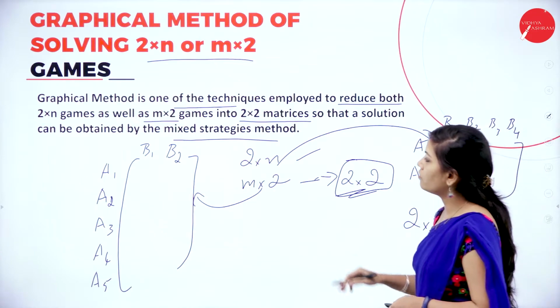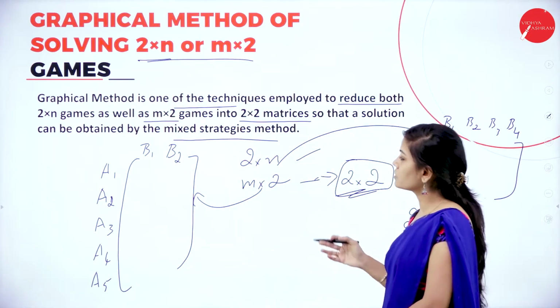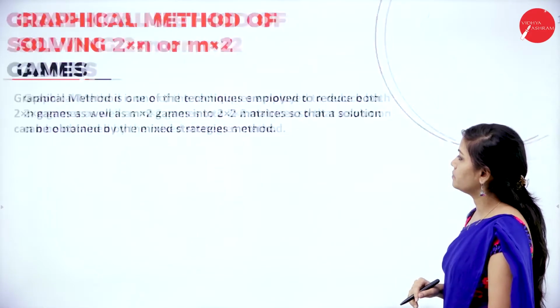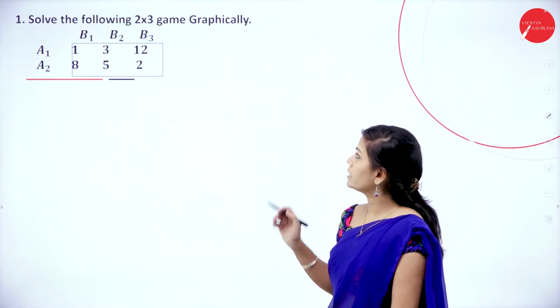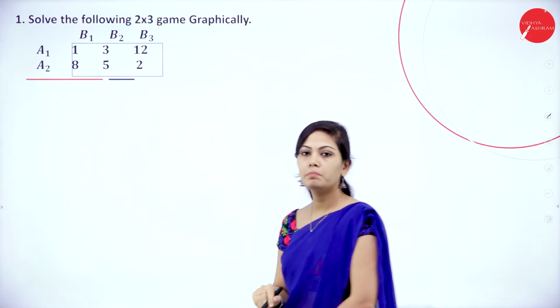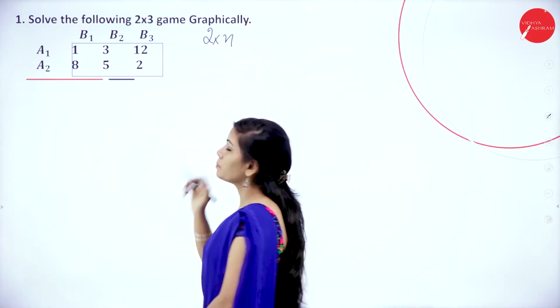So, first we will solve this 2 cross n game. So how to solve this 2 cross n game by using graphical method? First problem in graphical method: solve the following 2 cross 3 game graphically. So this is 2 cross n method.